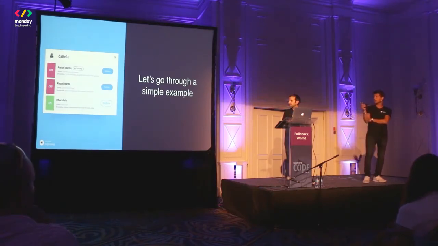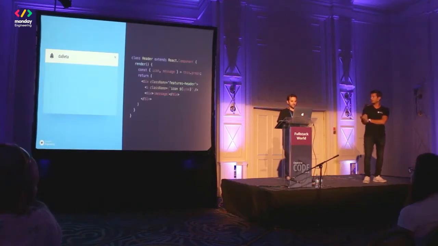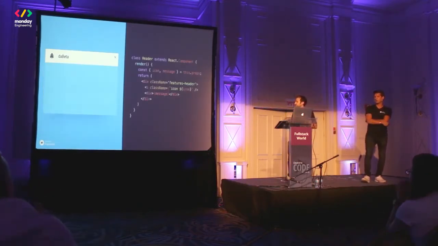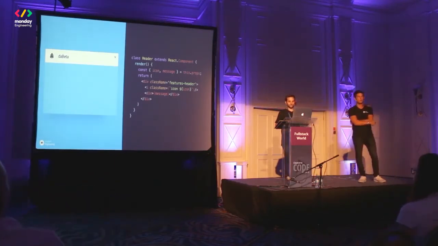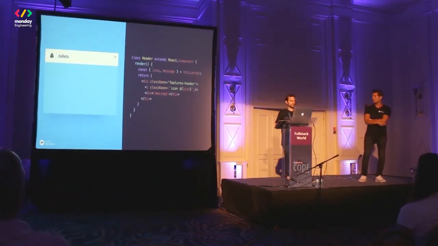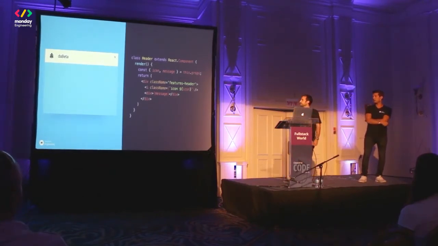So now, after explaining the structure of the dialog, let's go over to the code of the dialog, the components that build this dialog. The first component is the header component. It gets the icon and the message from the parent component, and based on these values, it presents what you see on the left side.